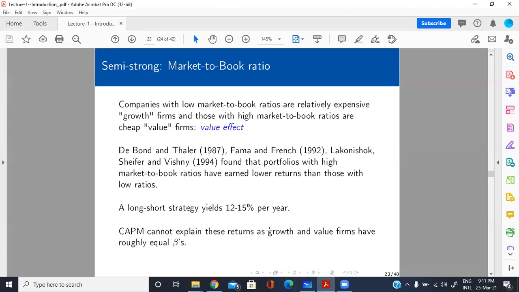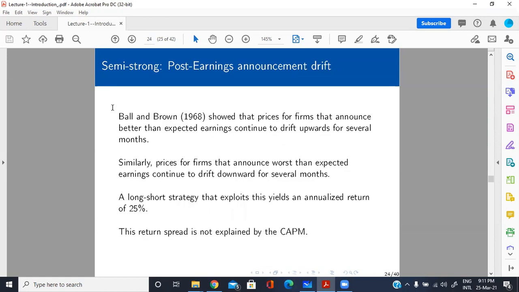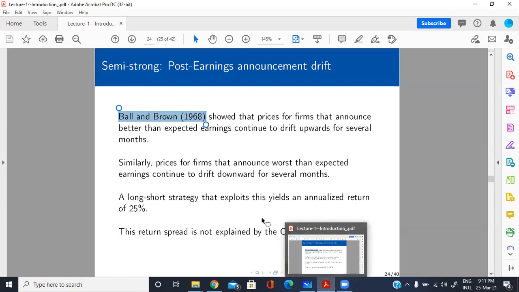Efficient. But we see a different picture here. The market is not efficient because the price adjustment continues for long months. That's why these findings reflect that the market is not efficient.